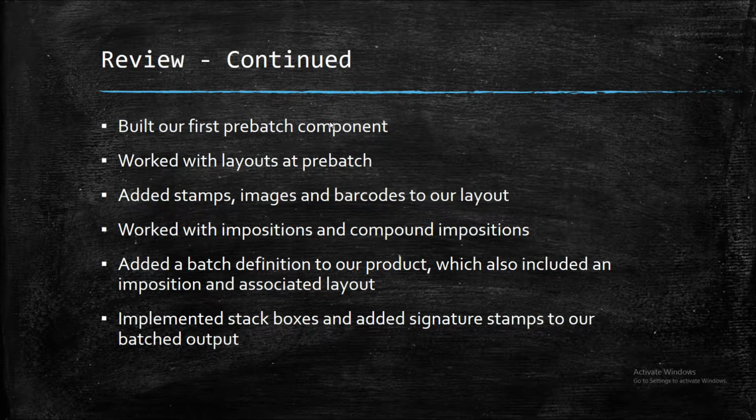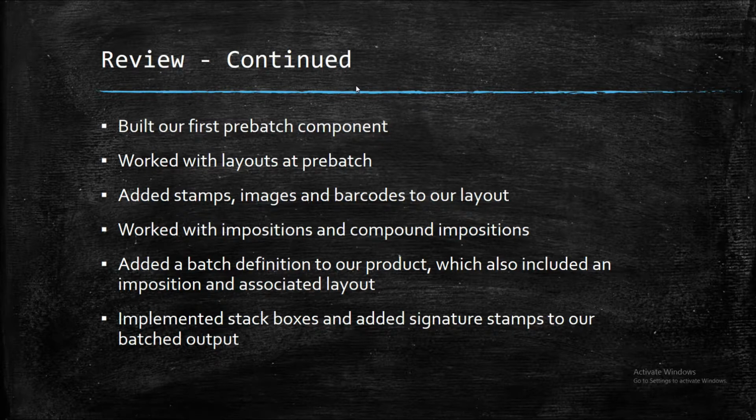We then went into building our first pre-batch, and then worked with layouts at pre-batch. We added stamps, images, and barcodes to our layout, and we worked with impositions and compound impositions. We also added a batch definition to our product, which also included an imposition and associated layout.